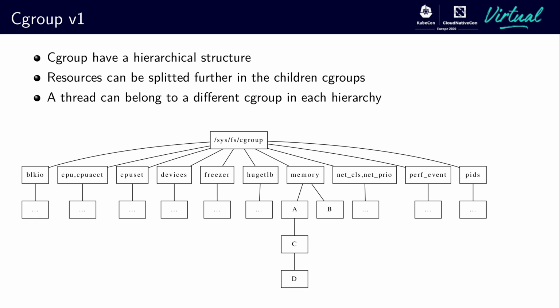Other controllers might or might not have the same hierarchy. Since they are configured separately, they could have a completely different tree. In practice, this freedom is never used, and the same hierarchy with the same naming is mirrored across all the controllers.